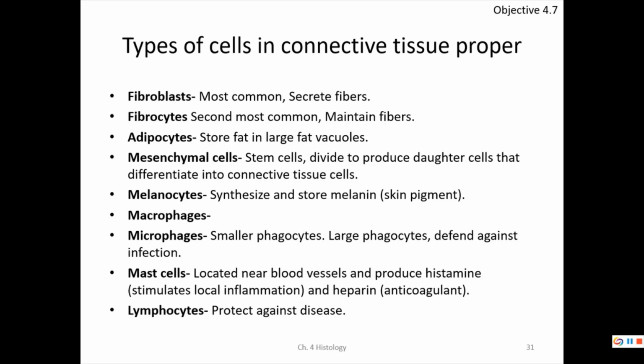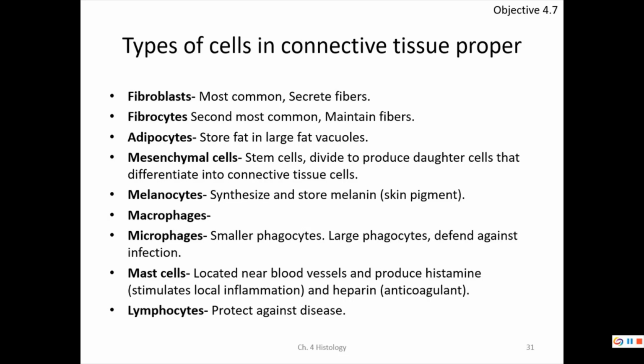Now, I'm going to take the first two as a pair: fibroblast and fibrocyte. Fibroblast, when we see the blast, gets its name from a word, blastos, which means to build or produce. So fibroblasts, fiber, blastos, build, are fiber builders.